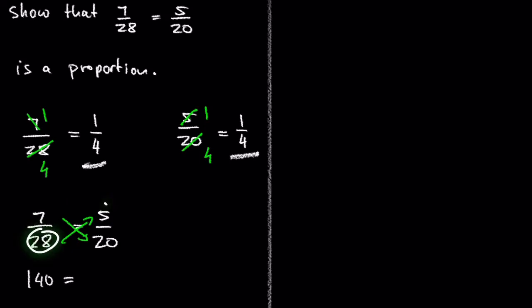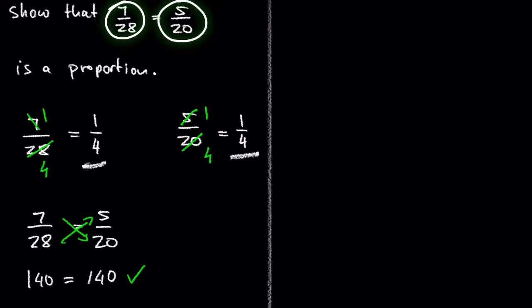And 28 times 5: 20 times 5 is 100, and 8 times 5 is 40, so 140. So we get 140 equals 140, which is true, which means that 7 to 28 equals 5 to 20 is a proportion.